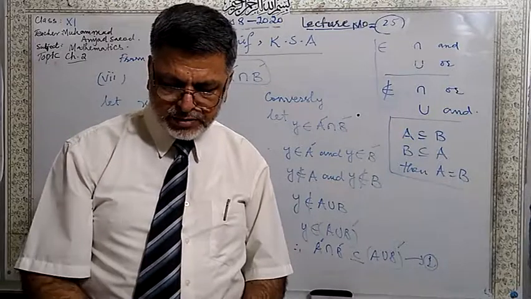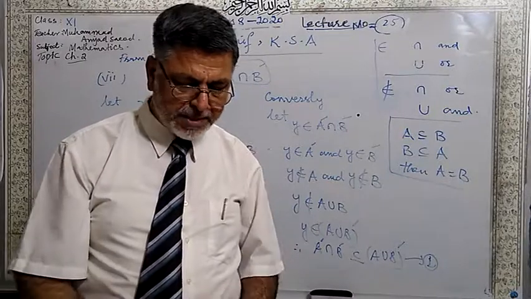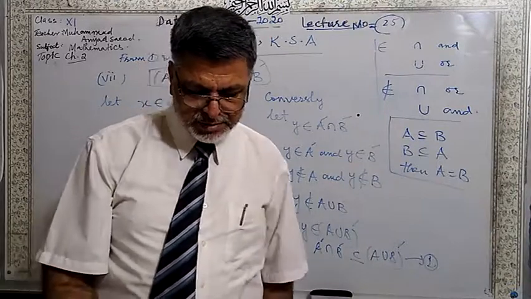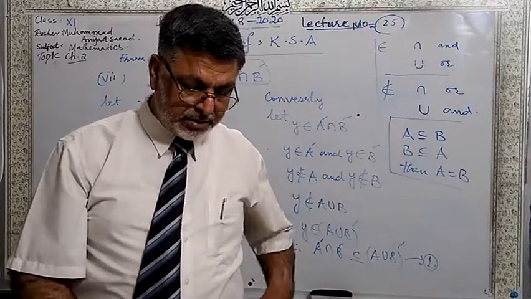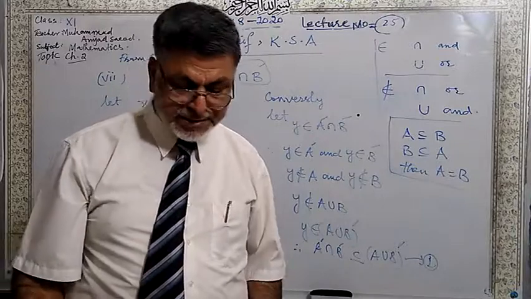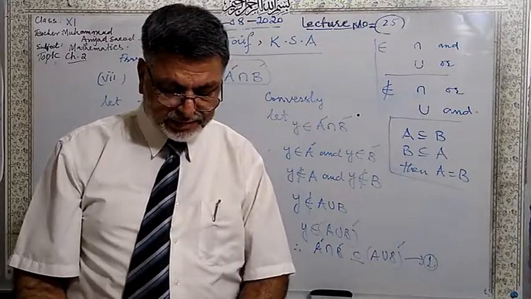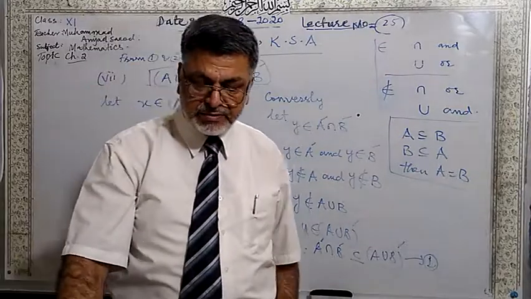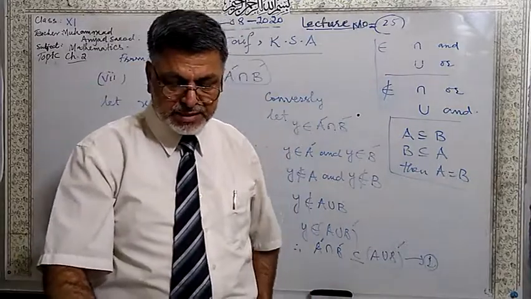So that was your analytical proof of the different properties on the sets. We have exercise 2.3. Verify the commutative property of union and intersection for the following sets.